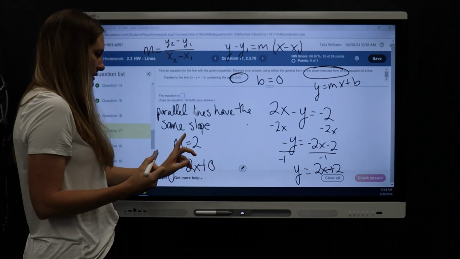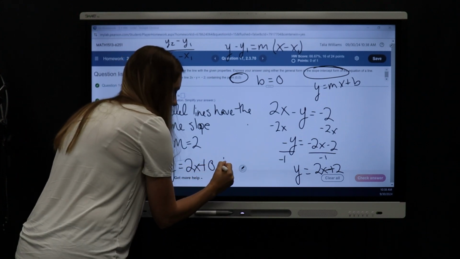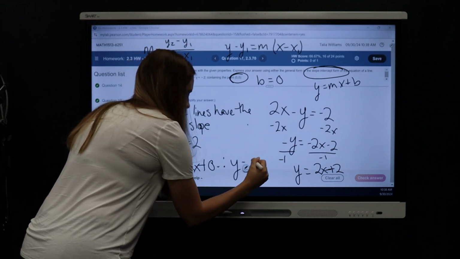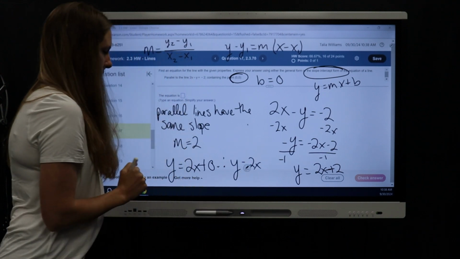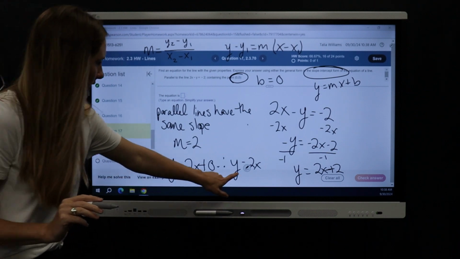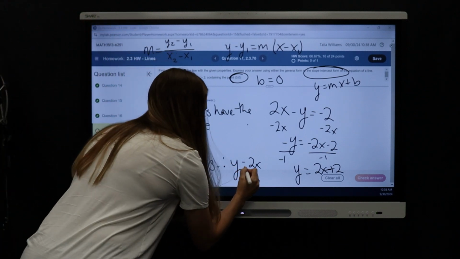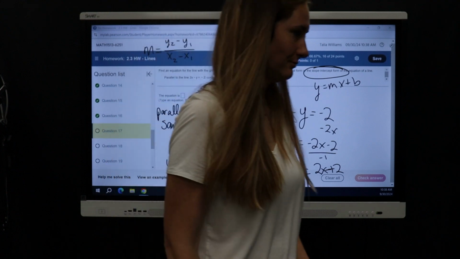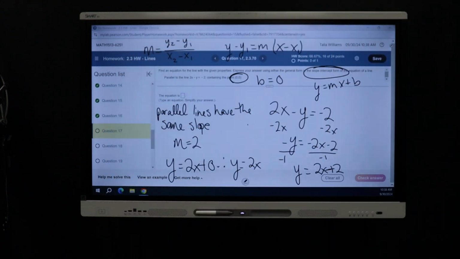Since our y-intercept is 0, our line is just going to be y equals 2x. I should have clicked the box. Okay. Y equals 2x.